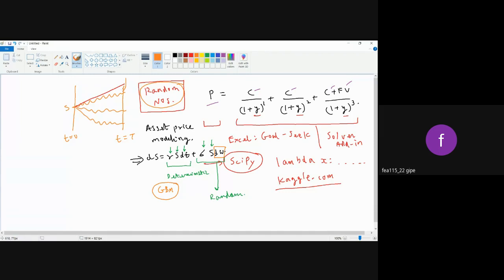So we'll always want to have a certain random portion included, and that is where we'll start using random numbers. How to generate and use random numbers is something we'll see along the way, but this is the reason why random numbers are required in our analysis. So we'll be using them subsequently.